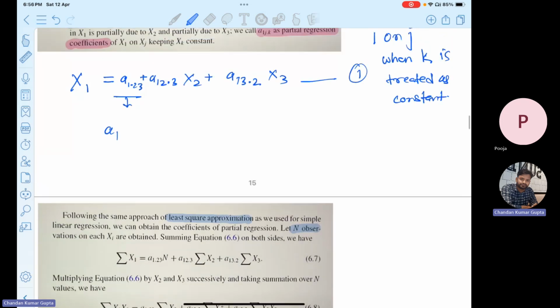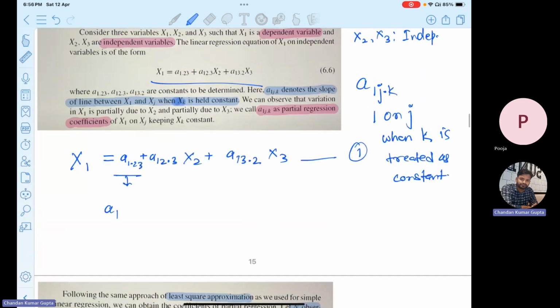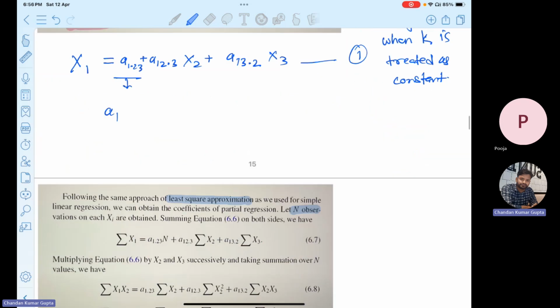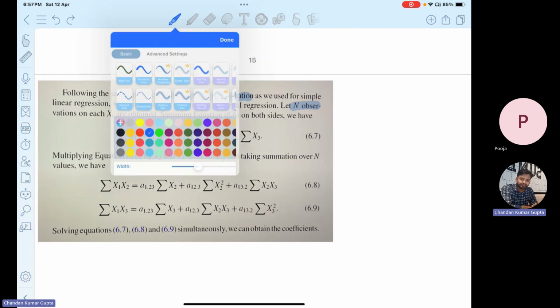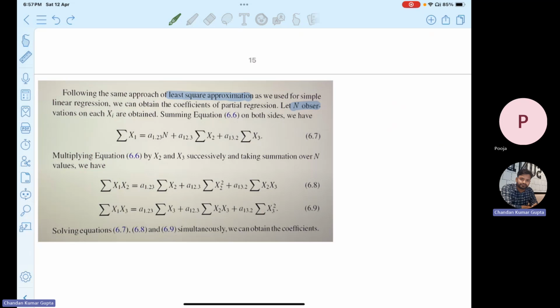We have x1, the dependent variable, equal to a1.23 plus a12.3 x2 plus a13.2 x3.